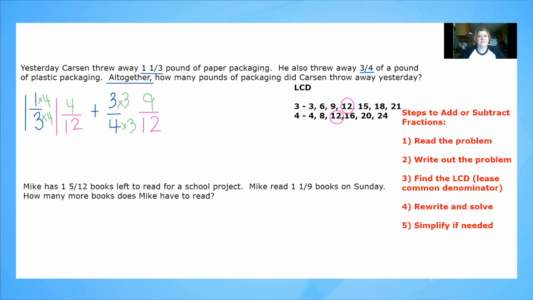We can now solve that problem by adding them together. First thing I need to decide is I have a whole number here of 1. I do not have a whole number here. So this is the same thing as 1 plus 0. And 1 plus 0 is 1.